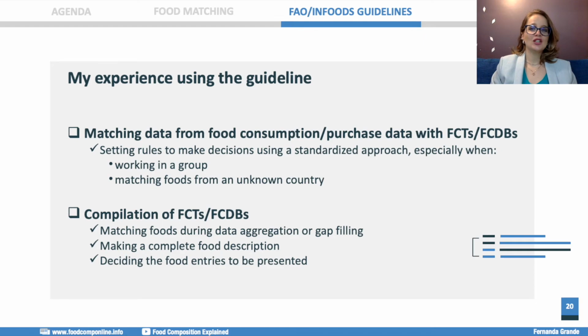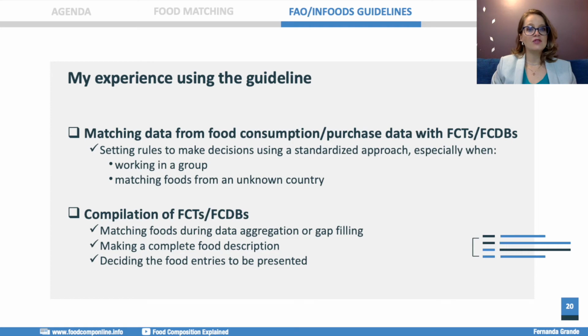And finally, just to conclude, I'm listing here how I have been using the guidelines for food matching in my work experience. So I have been using it to match data from food consumption or purchase surveys with food composition tables or food composition databases.